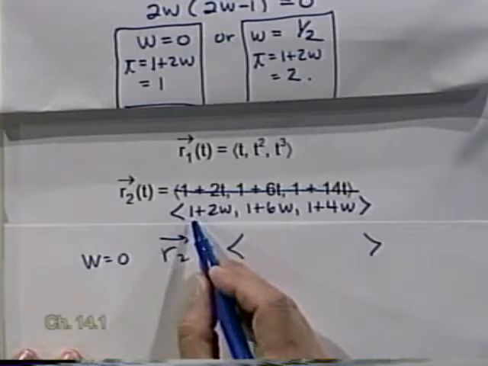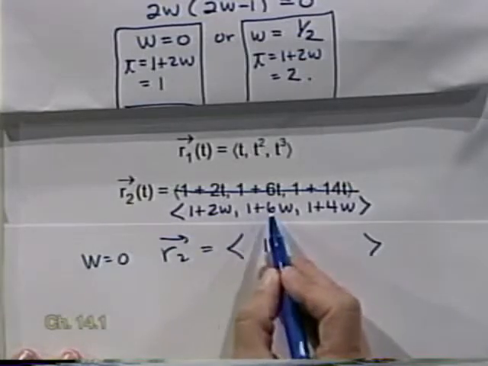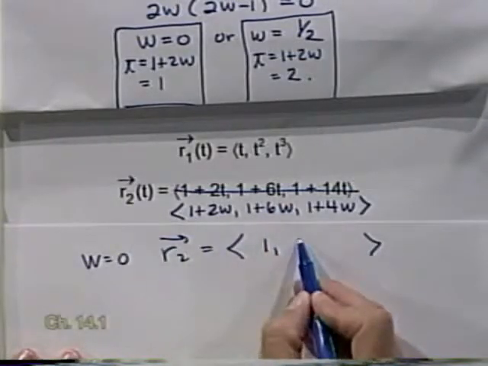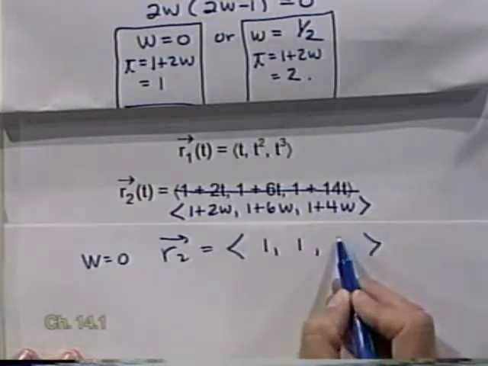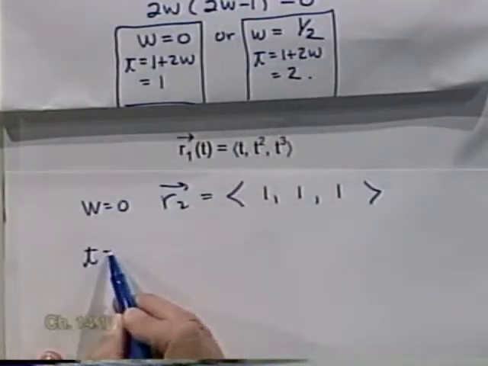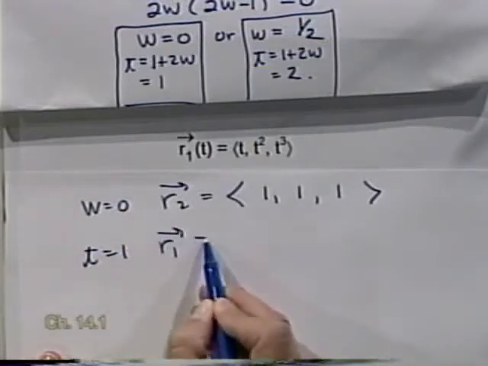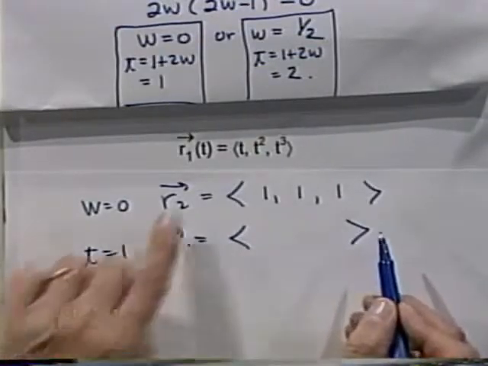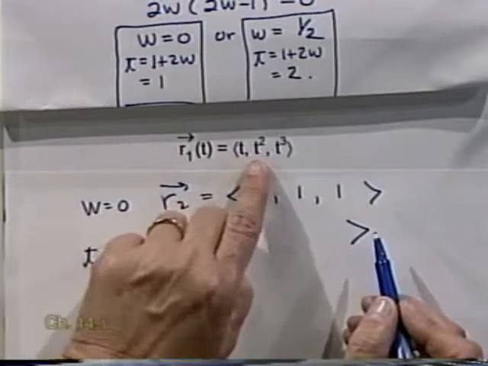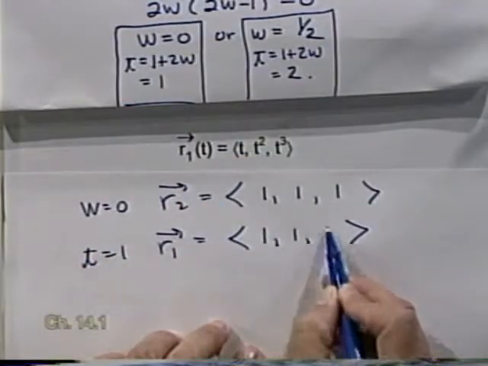R2 is at 1 plus 0, which is 1, 1 plus 6 times 0, which is 1, and 1 plus 14 times 0, which is 1. At the same time, at t equals 1, where is R1? R1 is at, plugging t equals 1 into R1, 1, 1, 1. At two different times, they both go through the point (1, 1, 1).